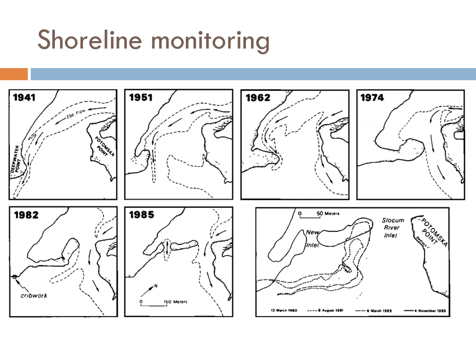This figure here shows long-term monitoring of a particular coastal area from as early as 1941 at approximately 10-year intervals up to 1985. You can see that there is a predominant flow here, and this particular section of the coastline has evolved and grown.